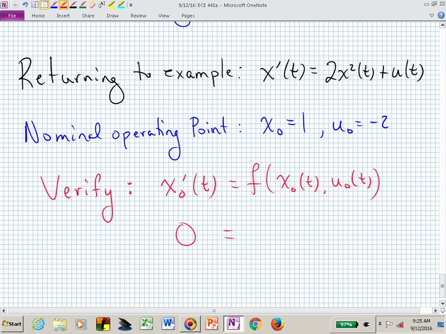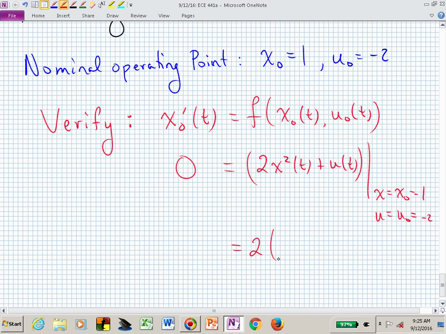What happens if I now evaluate 2x squared plus u at the nominal operating condition? So I'm saying 2x squared of t plus u of t evaluated at x equal x naught, which was 1, and u equal u naught, which was minus 2.